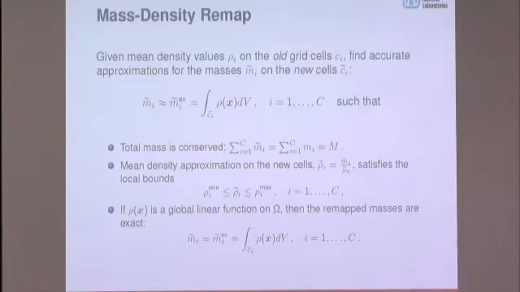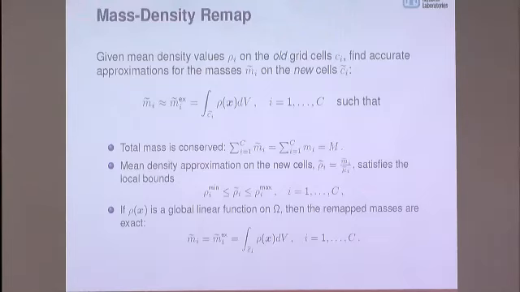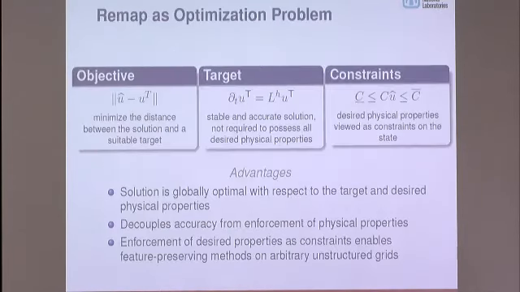So we want total mass to be conserved first, and then we want the mean density approximation in the new cells to satisfy some local bounds. And this is your monotonicity constraint. And if the density is a global linear function, then we want the remap masses to be exact. So we want our method to be linear.